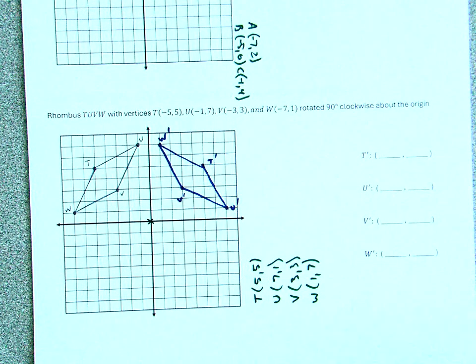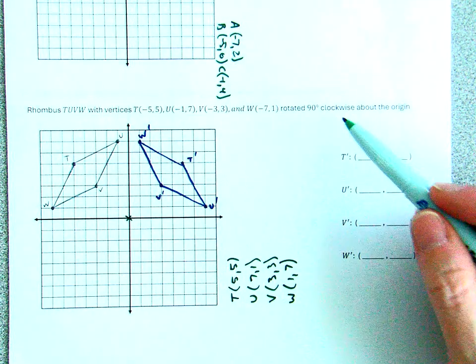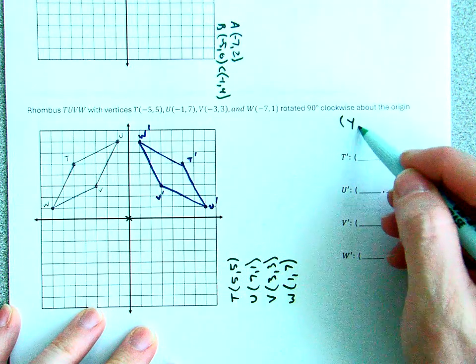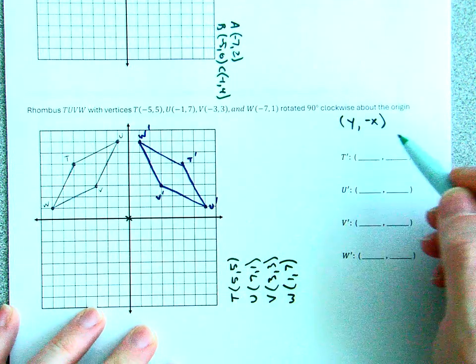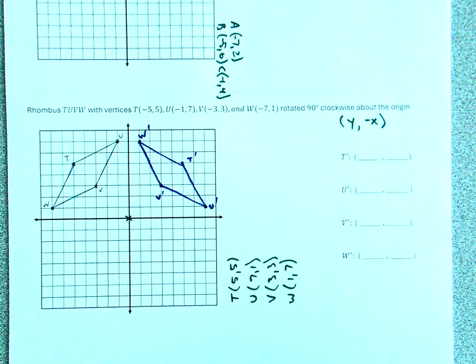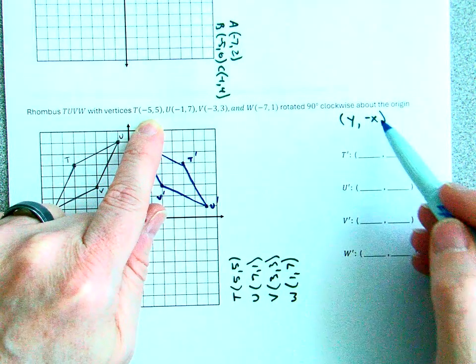Okay. Now the computational way works out nicely. Okay, we can say, let's see, rotating it clockwise about the origin would swap the position of x and y, but the x will now be negative, right? So all I really need to do here is take each of these ordered pairs and adjust them accordingly.